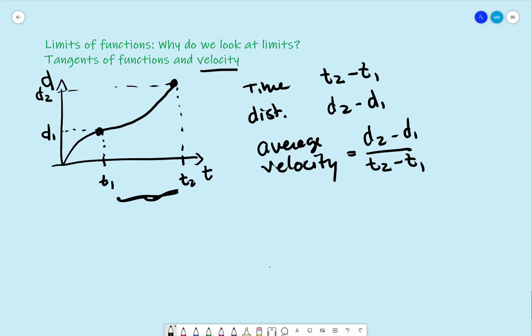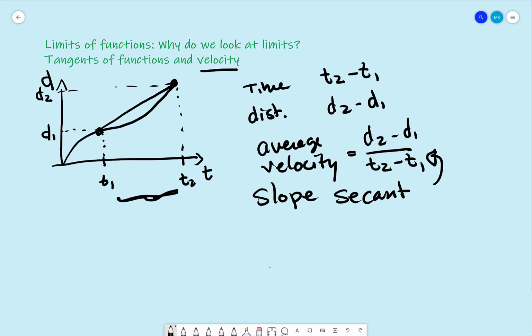Now, if we connect these 2 points, we get a straight line. This straight line is also called a secant, and the slope of the secant is exactly equal to the average velocity, because we know the slope of a straight line is just given by the difference in the y coordinates divided by the difference in the x coordinates.